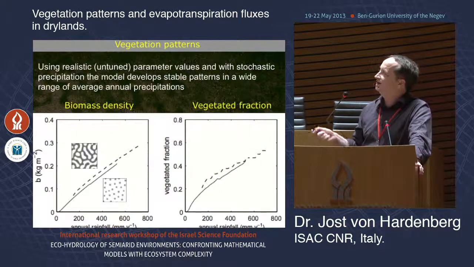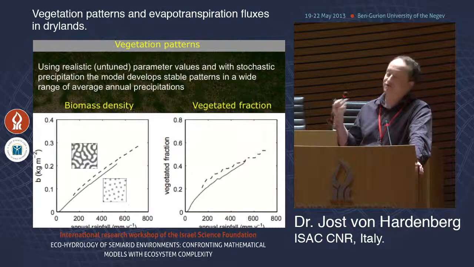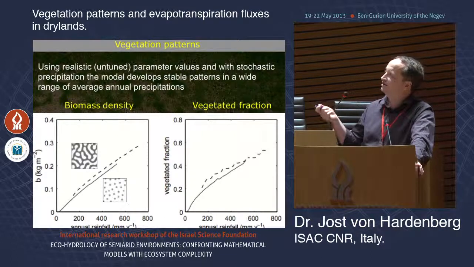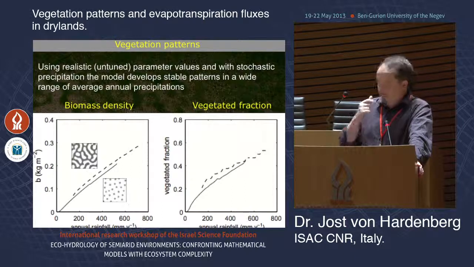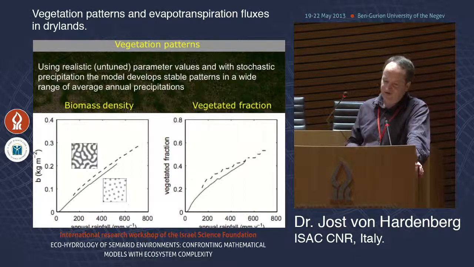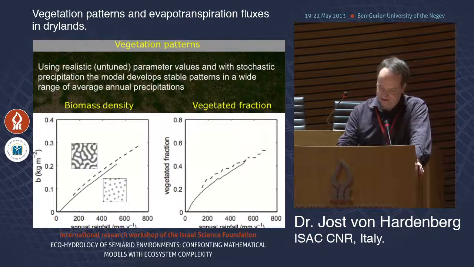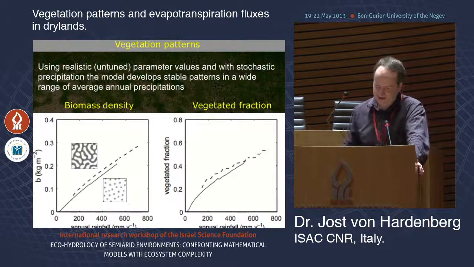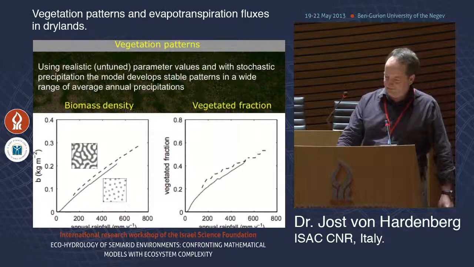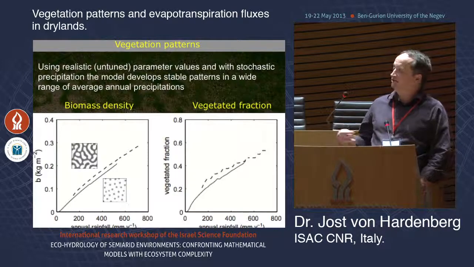Finally, since surface runoff is very fast compared to the other time scales, we can neglect the time derivative for the surface water equation and solve it as an implicit equation, but this is a technical detail. So what happens when we apply this modified two-layer model?